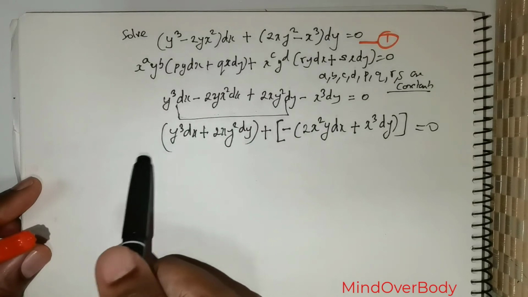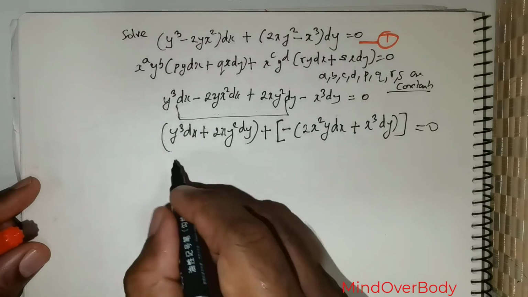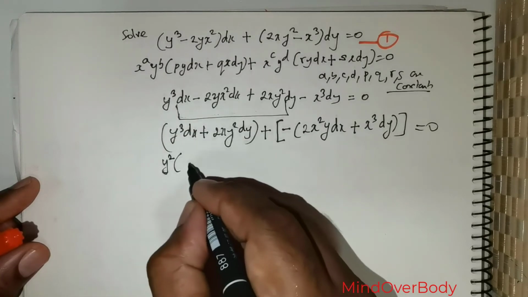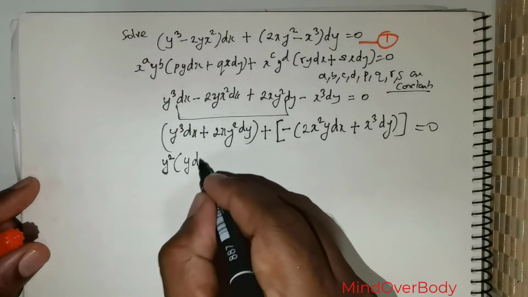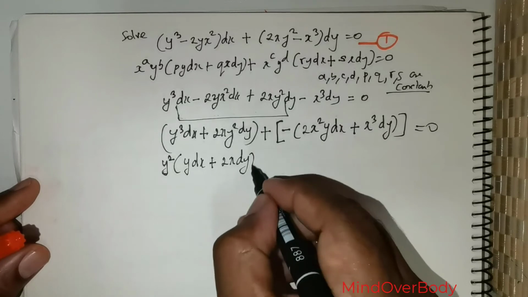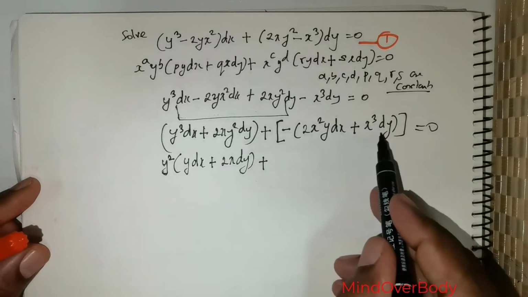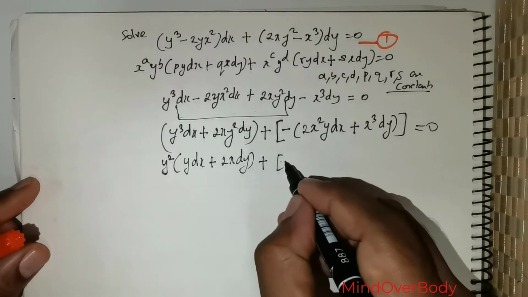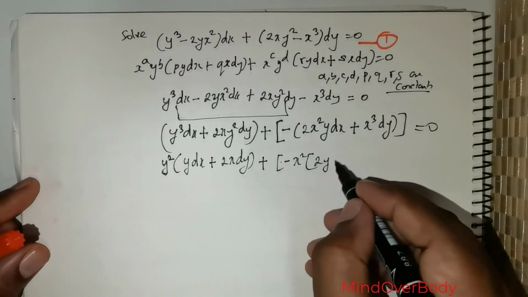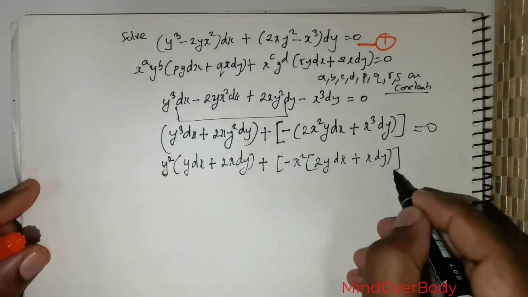So it's going to be y squared out, and I get y times dx plus 2 times x times dy, and then plus I take the x squared term out. So this is going to be 2 times y dx plus x times dy is equal to 0.